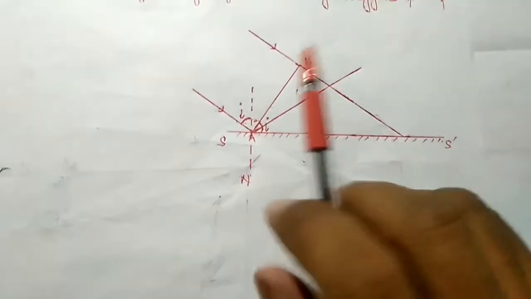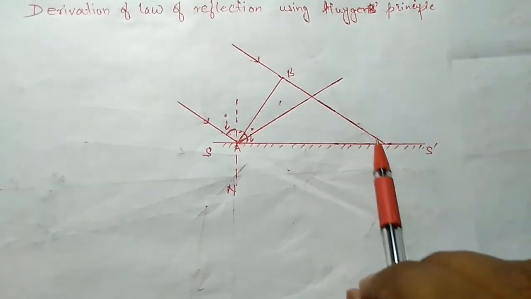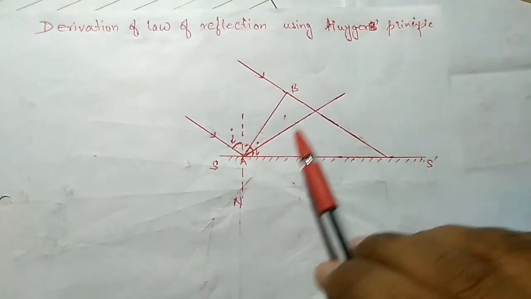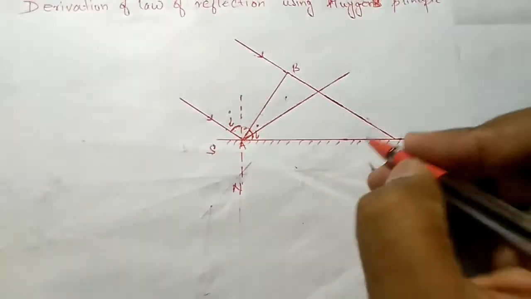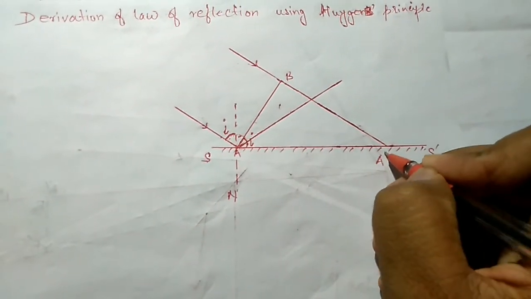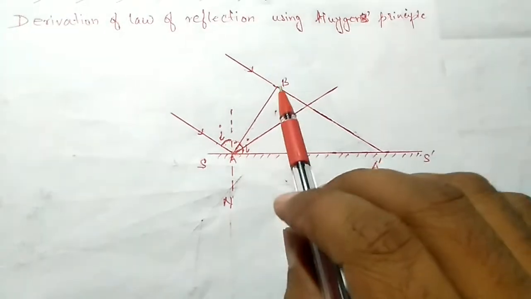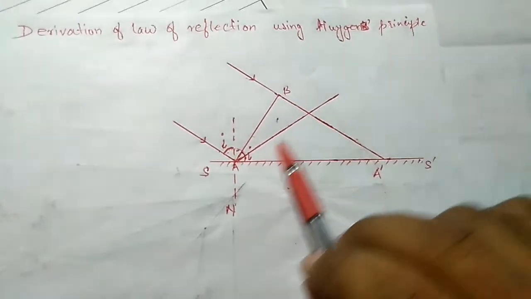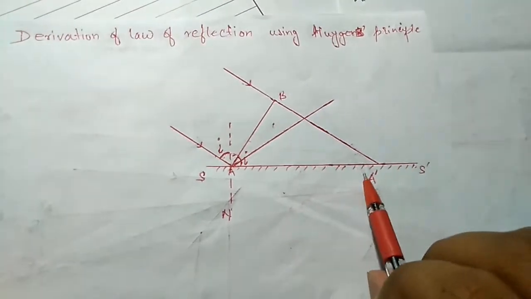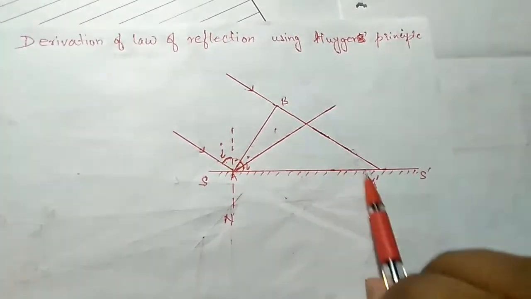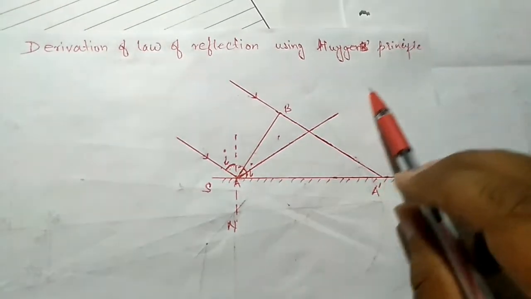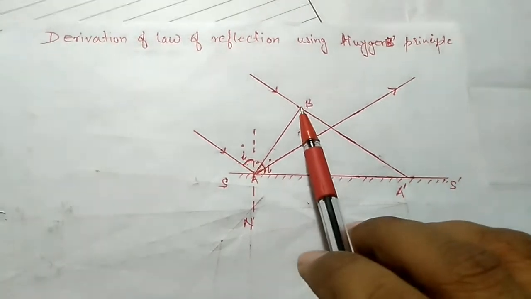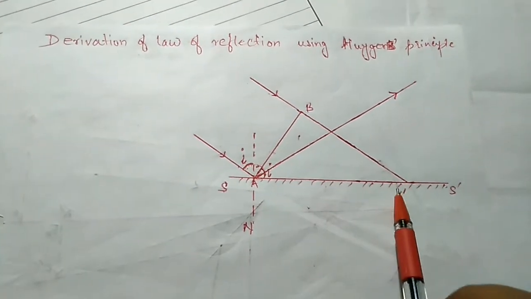So you have seen, by the time this ray comes from here to here, this reflected ray is going toward this. Further, let's say this point is A dash, and here you know that this distance is from here to here and equal to this much. Suppose we don't know the distance traveled from B to A dash.